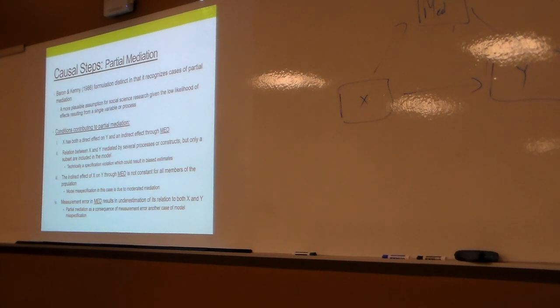There could be, depending on the specific type of eating pathology, for some people, this indirect effect through my mediator is quite strong, but for other people it's not there at all.